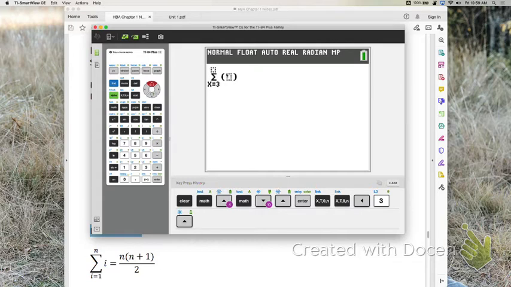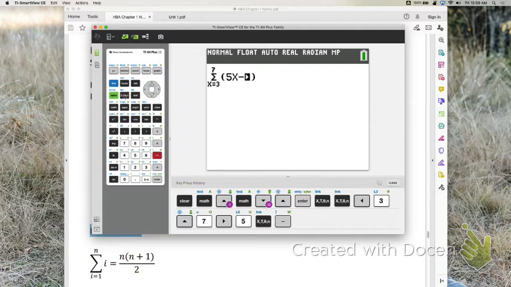At the top, use the arrow to do that. 7. Then I would type 5. Use this X button next to the alpha. X minus 2. Hit enter. That's your answer. Okay? That's the 84. Super difficult, right?